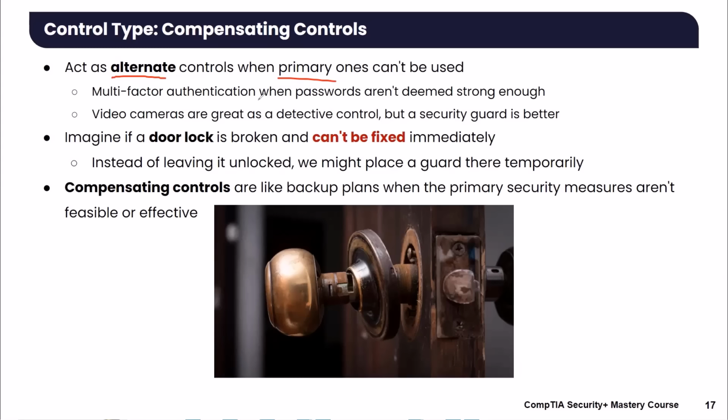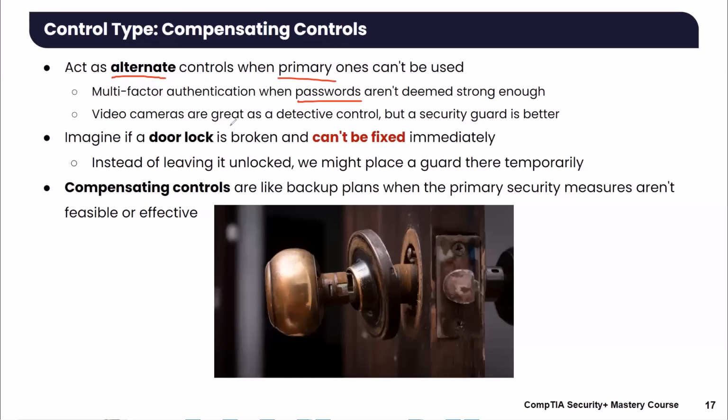Or if you just want to make it more robust, a compensating control is what we use. Imagine multi-factor authentication. I know I haven't talked about this yet, but we will. If just using the password is not enough, we can use multi-factor authentication, where we send text messages to people, or use something like Google Authenticator or Microsoft Authenticator. I will be coming back to all of that in one of these lessons.